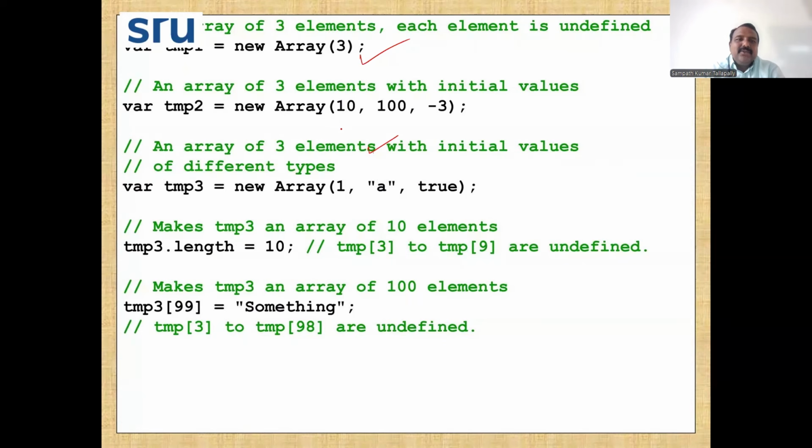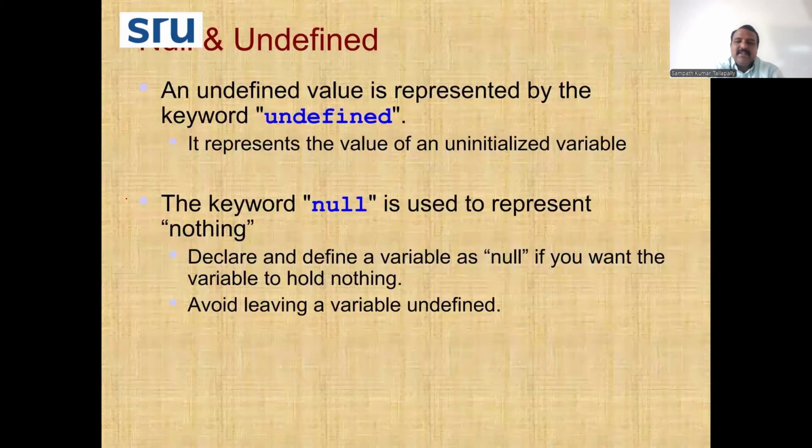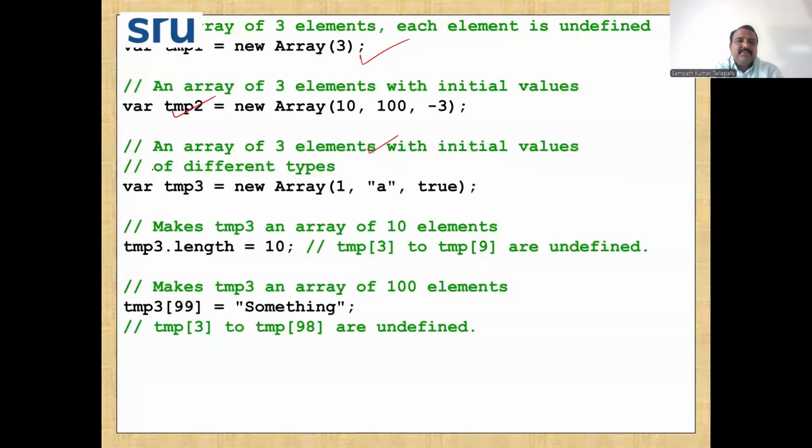Now we are going to have a temp2 array where we store the values 10, 100, minus 3. Now I'm having my temp3. In this temp3, if you observe, the first value is an integer, the second is a string, and the third is a Boolean value.